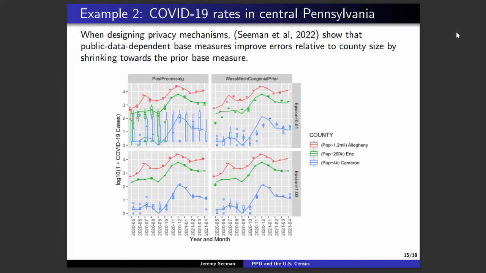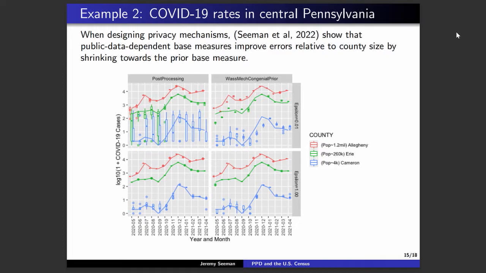In another setting, it's a little bit hard to see on this projector, but what we have here is not thinking about it from the adjustment perspective, but from the design perspective, talking about how different choices in base measure could affect the way in which we construct these different mechanisms. So what we have here are syntheses of partially private COVID-19 rates for different counties in Pennsylvania.